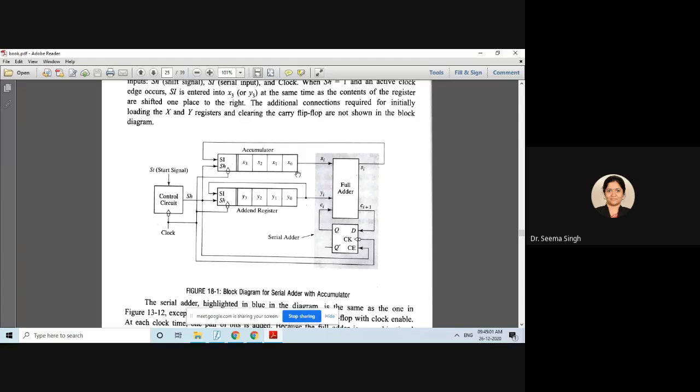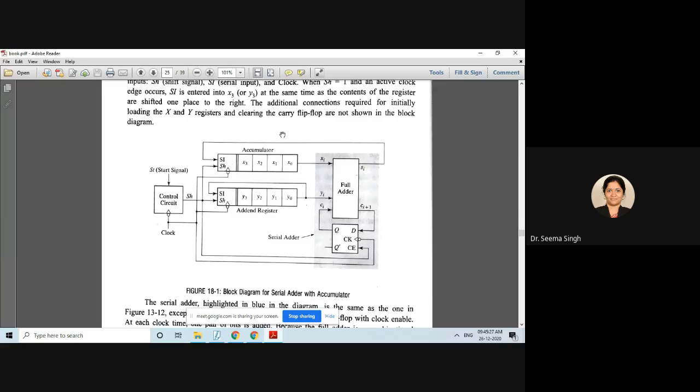Accumulator means it can keep the data with it till the time told, or till the control circuit says the data should be there with you, it will be there. So that is why the name is called accumulator. So what we see here, you have two registers, one of which is used as accumulator. You will be more familiar with this accumulator word when you do your microelectronics and microprocessor.